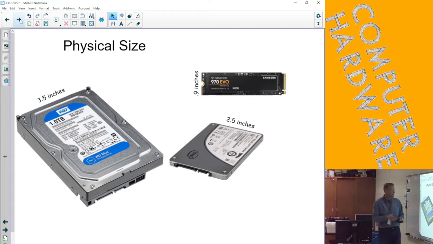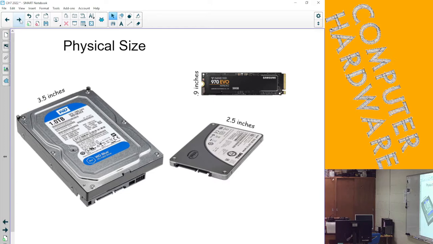Okay, so physically we have 3.5, we have 2.5, and then the last kind of drive. I should let you pass this around, just in case. The last one's called an M.2 drive. It's a memory stick. It's only 0.9 inches. That's what an M.2 drive looks like. It looks basically like a memory stick on its edge.